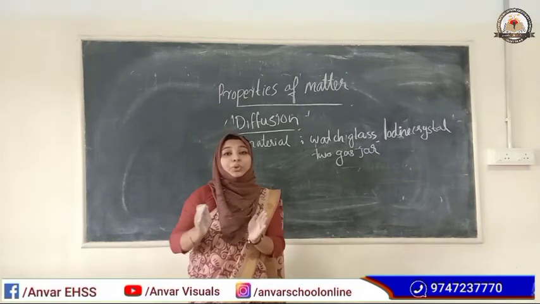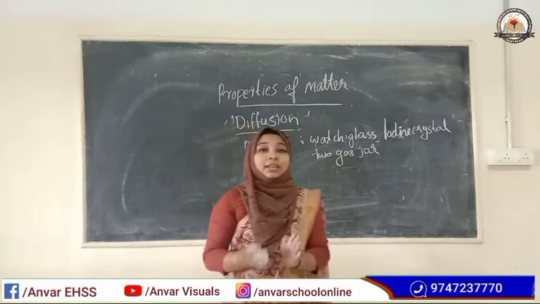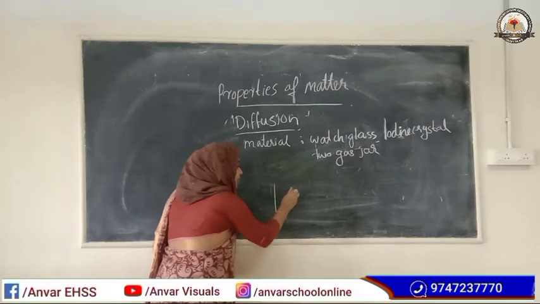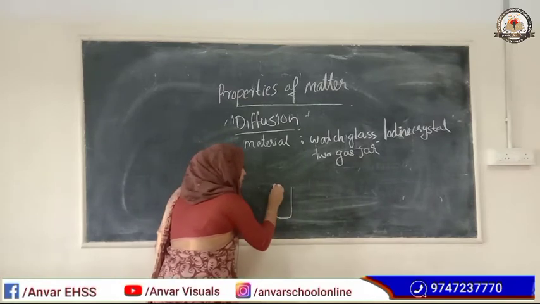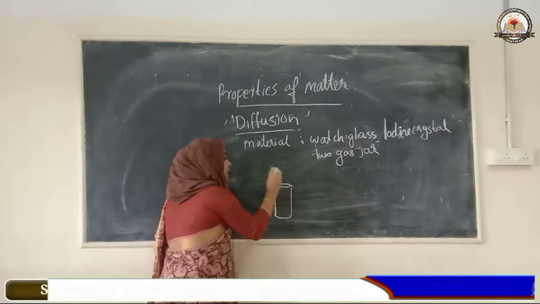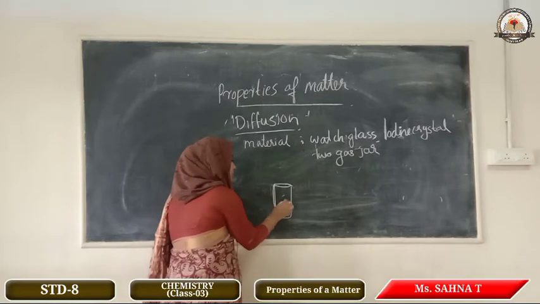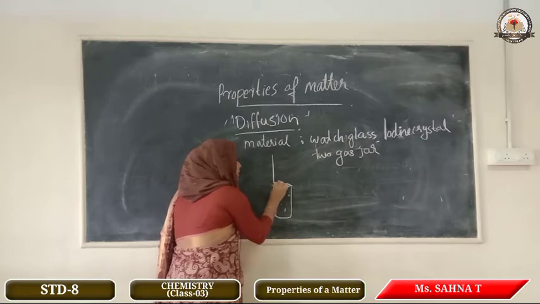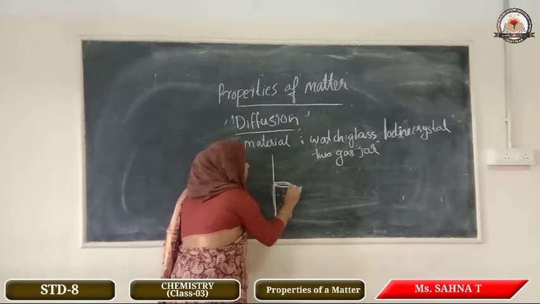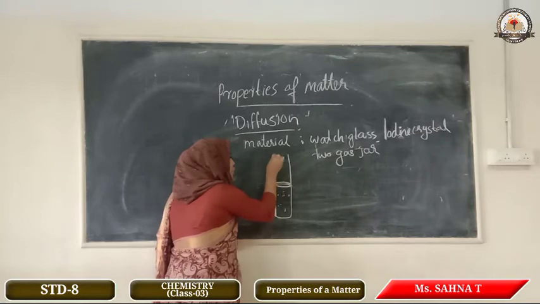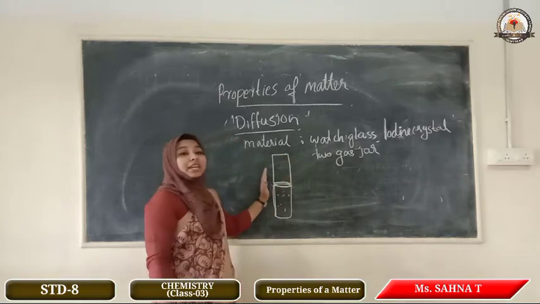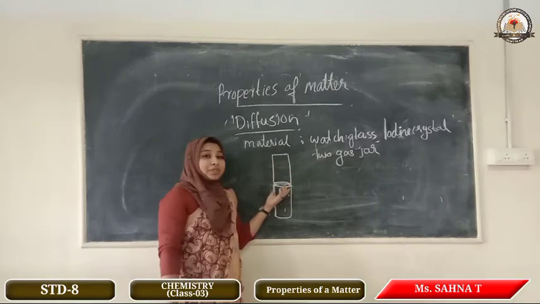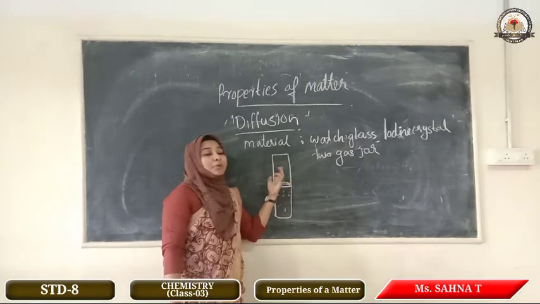That means we collect the iodine vapor in a gas jar and keep another gas jar on the top of it in inverted position.